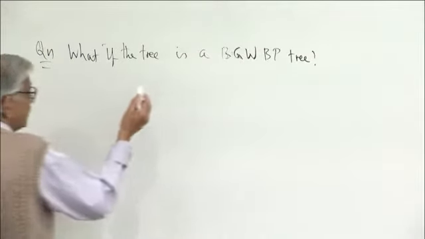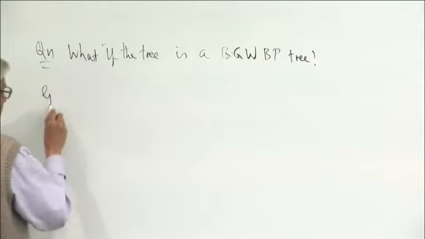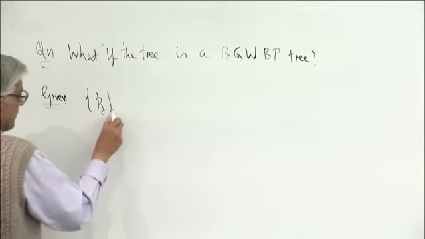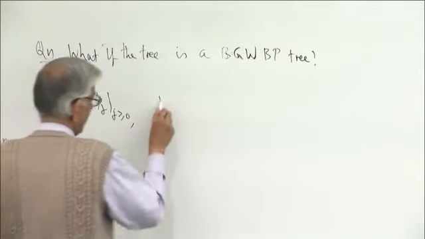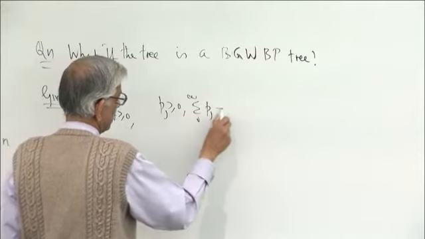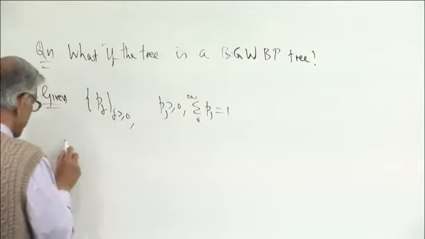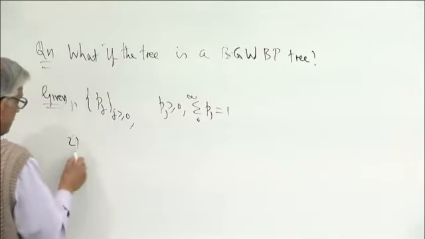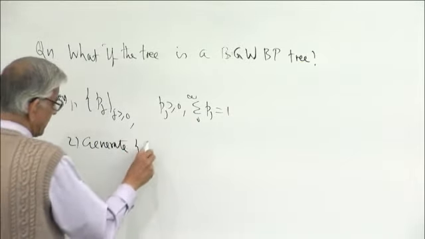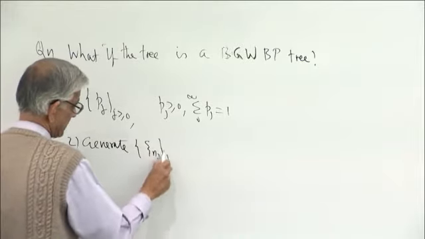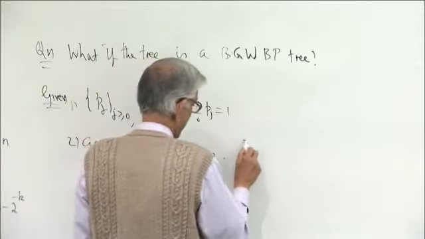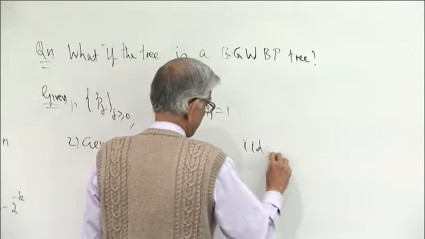Now you remember how that is generated. You are given the following: a probability distribution Pj, j greater than or equal to 0, Pj non-negative, and summation Pj equal to 1. Then you generate a doubly indexed family of random variables, j greater than or equal to 1, n equal to 0, 1 to infinity, of IID random variables with distribution Pj.